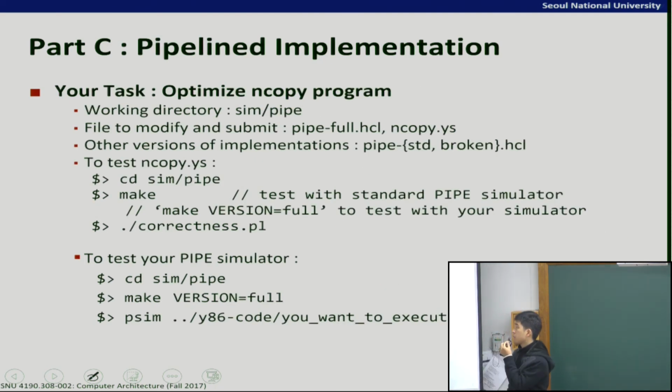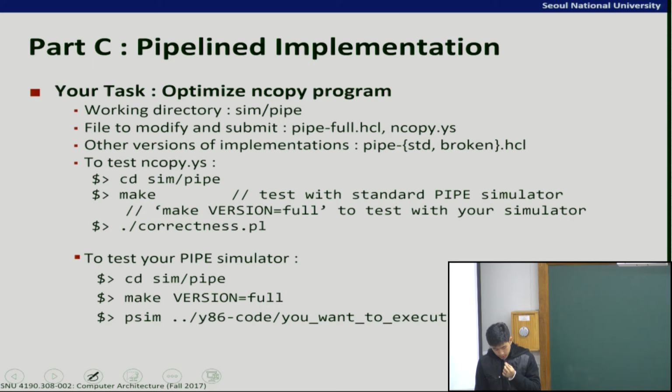The last part, part C, is the highlight of the lab, and your task is to optimize the ncopy program. You will either modify the ncopy.ys assembly code directly or the pipeline structure of the implementation.